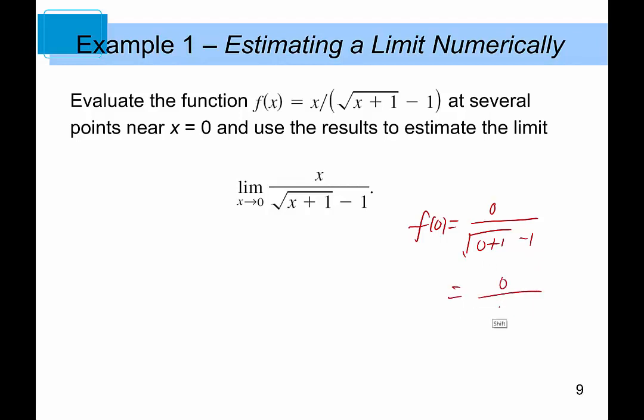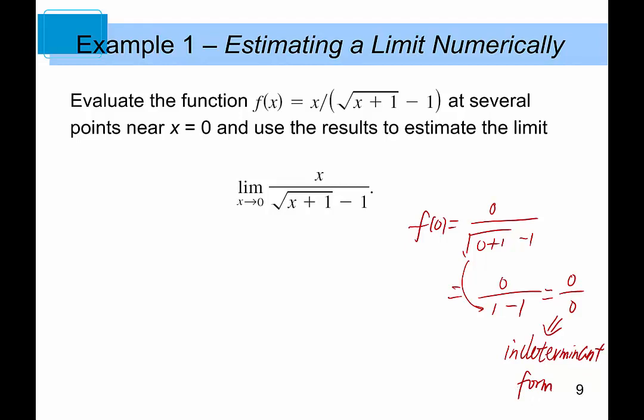So 0 over 1 minus 1. The radical of 1 equals 1, and 1 minus 1 is also 0. So we have 0 over 0. This is what we call an indeterminate form, meaning nobody knows what that is.